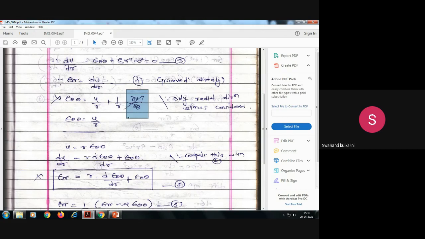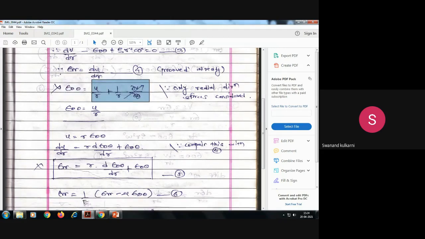Like these notations we have used in the Cartesian coordinate system. And now this is the polar coordinate system. For that, epsilon theta theta is considered as u upon r plus 1 upon r. For this also there are certain derivations, with which it comes to this particular step. Now, as compared to u and r, because u is the displacement and r is the radius, here the differentiation of v is with respect to theta.